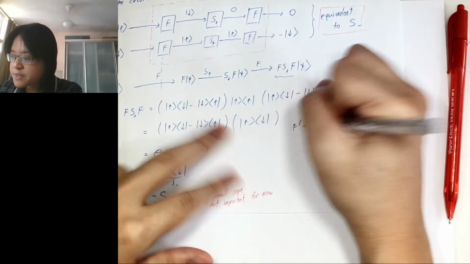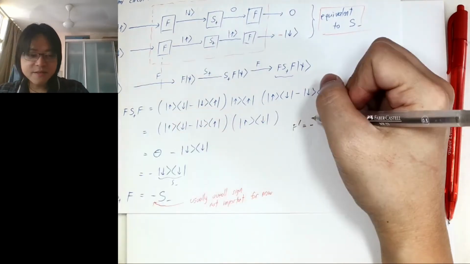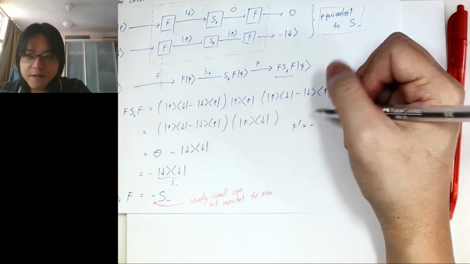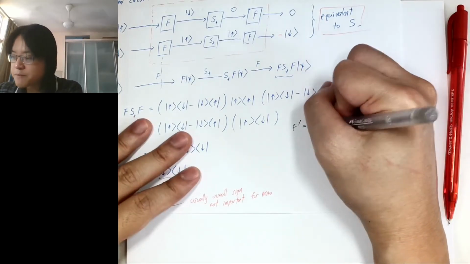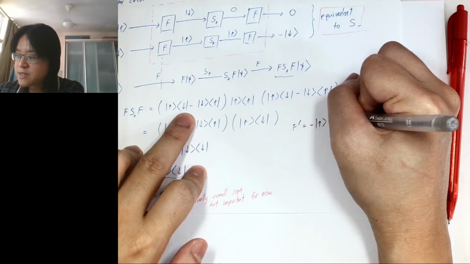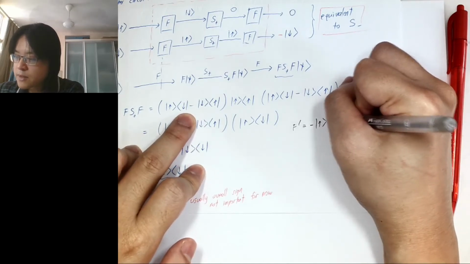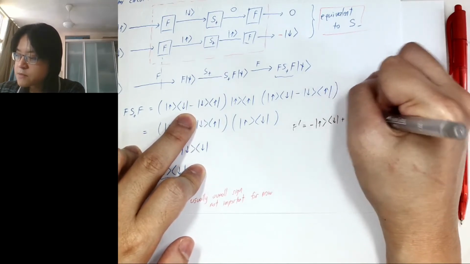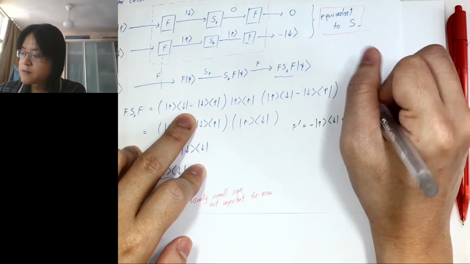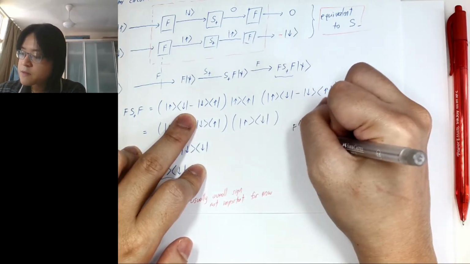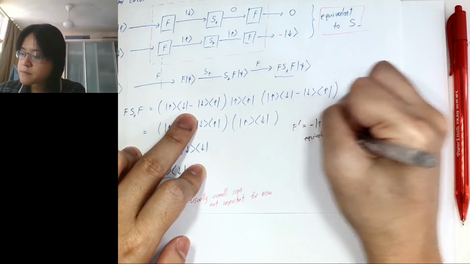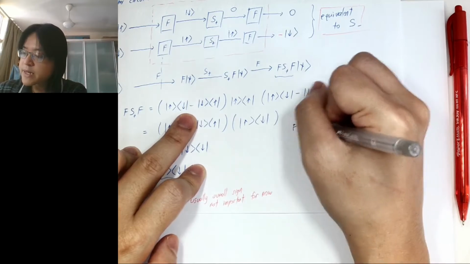Is that what you're writing? Yeah, the minus sign is with the up, right? So it's down plus, down, up, right? So it's equivalent. But there's an extra phase.